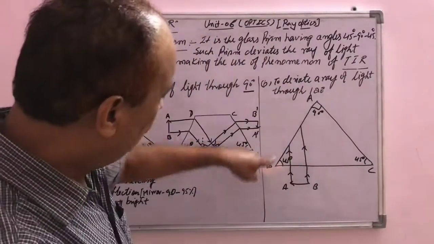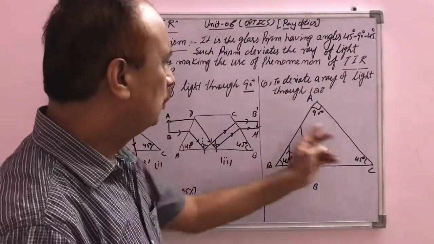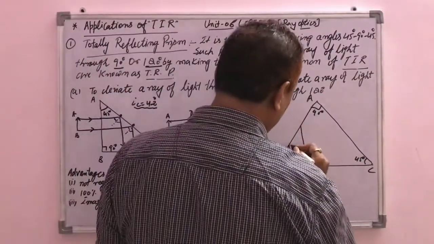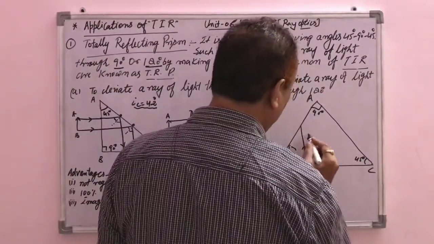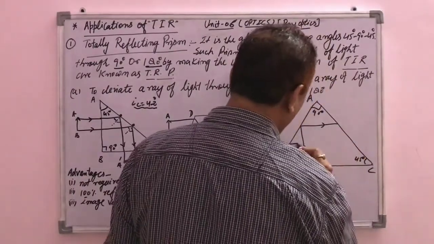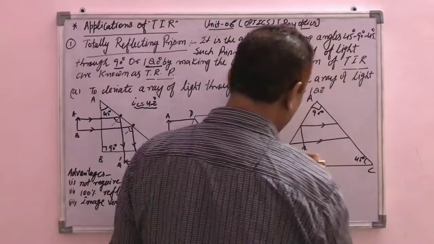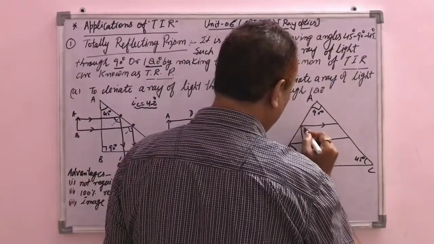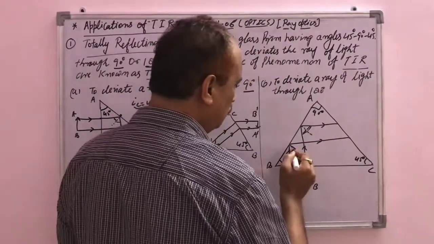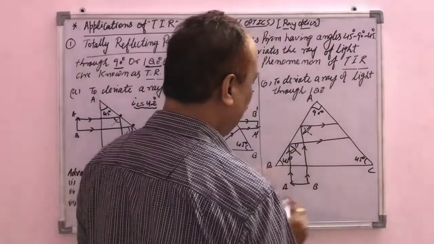But AB is inclined at 45 degrees, so it will be bent by making an angle of 45 degrees at this point. When the ray moves along a straight line, this angle, if we divide it, is 45 degrees, similarly 45 degrees, so the total is equal to 90 degrees.